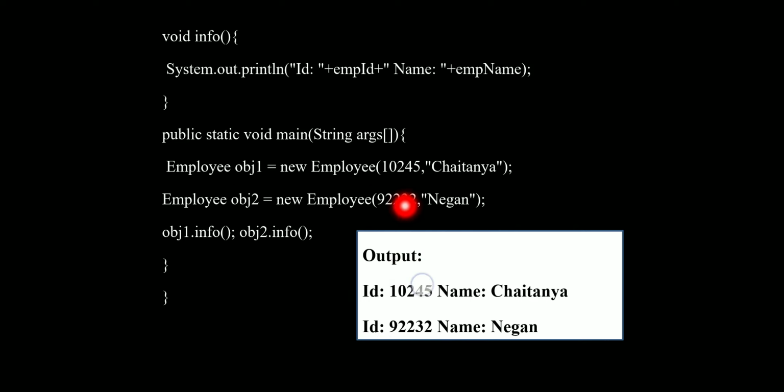This is going to print the id as 10245 and name as Chaitanya for the first object. For the second object the id is 92232 and the name is Negan. While creating the object, we pass the values for the output right there. This is the simple example for the parameterized constructor.